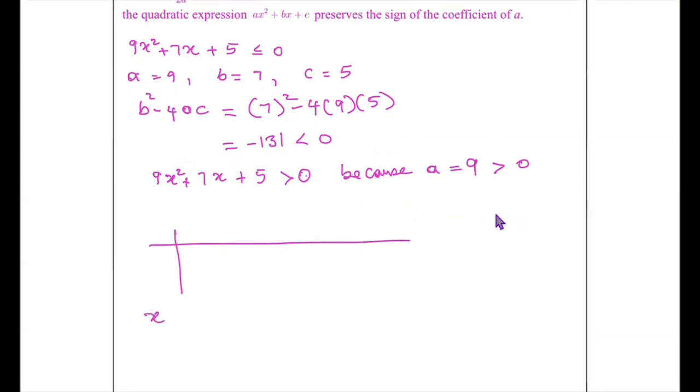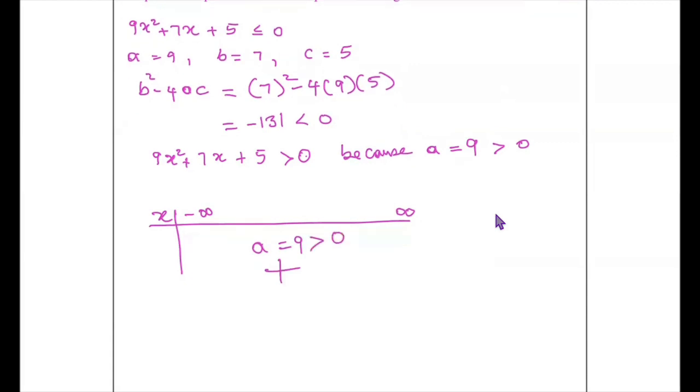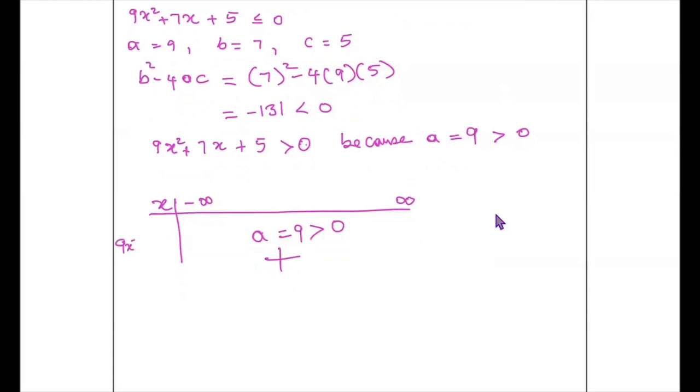All the x values are going to be from negative infinity to positive infinity, and all of them will be positive, because we already know that the sign of a equals 9 is positive. So we have the sign of a for the expression 9x squared plus 7x plus 5.